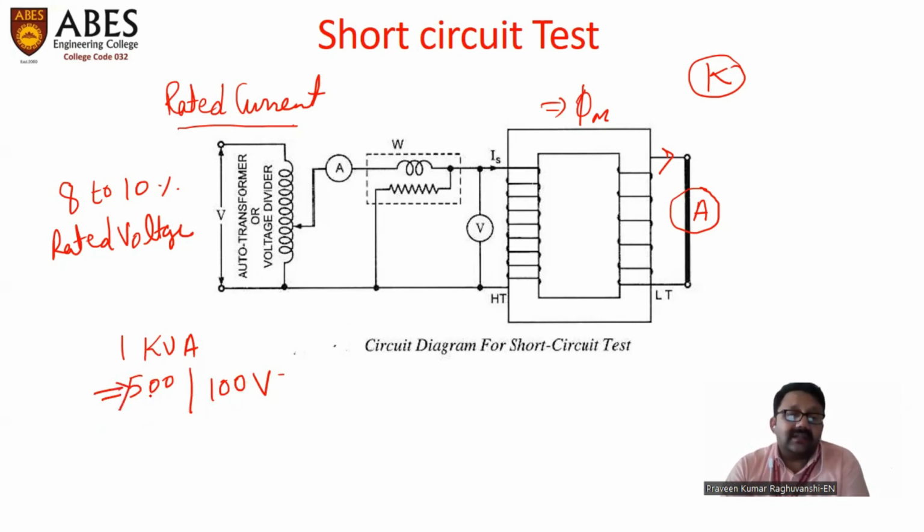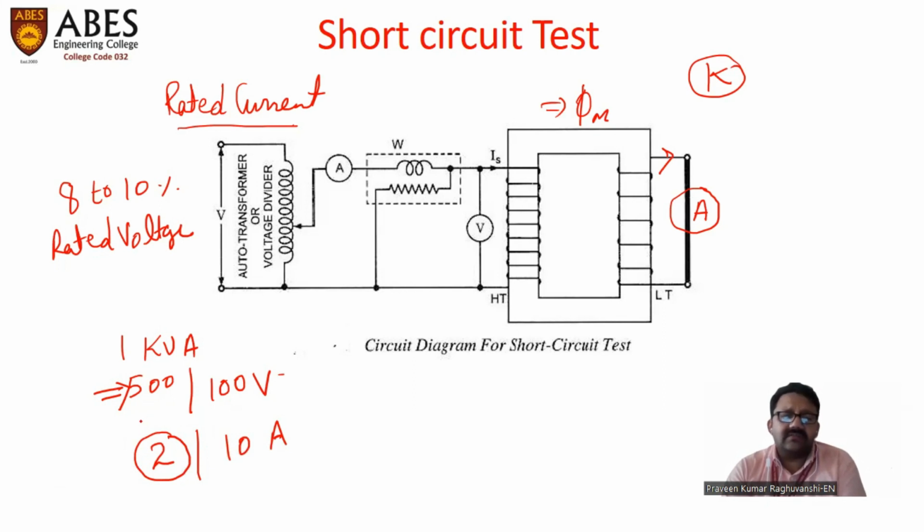The reason is the rated current of the two windings. On the high voltage side, the rated current is 2 ampere, whereas on the low voltage side it is 10 ampere. So if we conduct the short circuit test on the high voltage side, we have to conduct this test for a current of 2 ampere, and this 2 ampere current will be available at a voltage which is 8 to 10%.